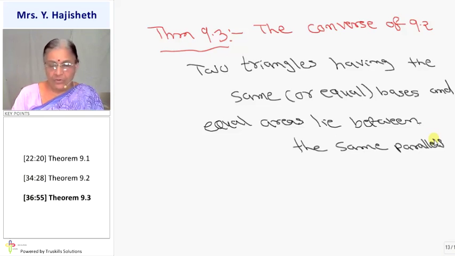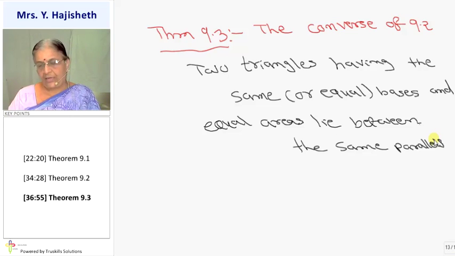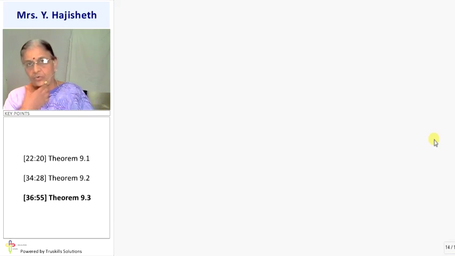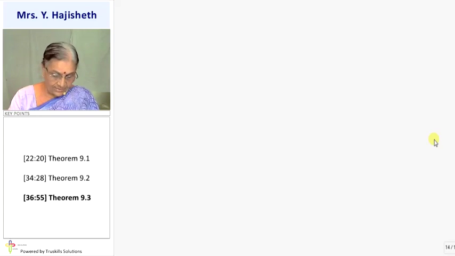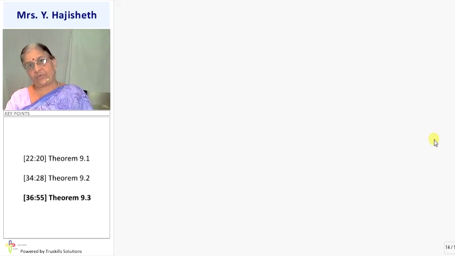Okay, now one more thing I have discussed with you: if a triangle and a parallelogram are on the same base and between the same parallels, then what is the relation between the area of the triangle and the area of the parallelogram? Area of parallelogram is 2 times the area of triangle, or area of triangle is half the area of the parallelogram. Okay, so all these 4 theorems you have to remember, because in these riders, where we are given something and asked to prove something, the proof depends on any of these 4 theorems.